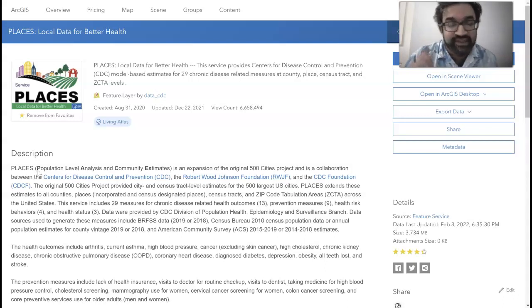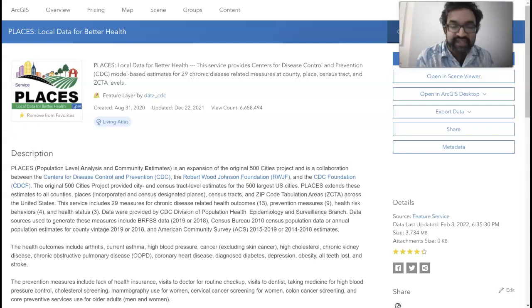So just be thinking about this when you're thinking about any sort of environmental or sociodemographic variables relating specifically to different types of chronic diseases, whether it is high blood pressure, coronary heart disease, or anything else. There are 29 measures for chronic disease-related health outcomes and preventive measures.